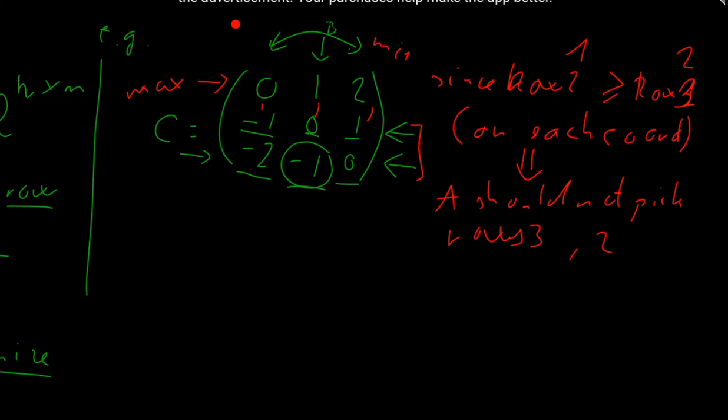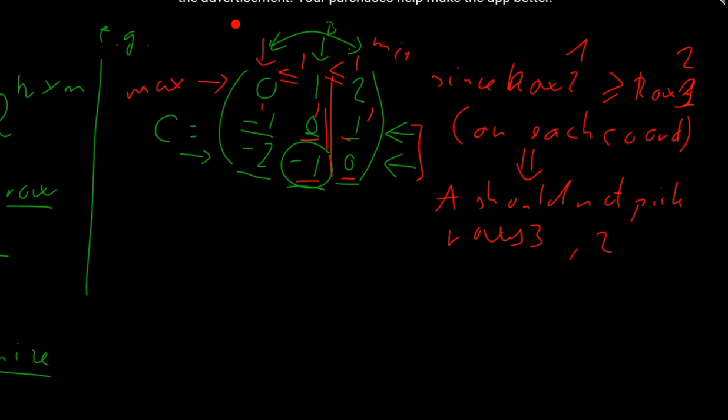Similarly, we have this player 2. Now we see that the third column is pointwise larger than the second one, because 2 is larger than 1, 1 is larger than 0, and 0 is larger than -1, and player B wants to minimize the entries, so player B won't choose the third, and player B won't choose the second column as well, because it's also larger than the first one.